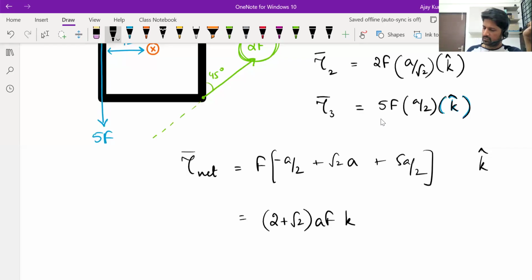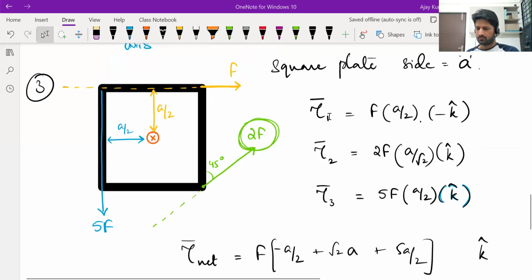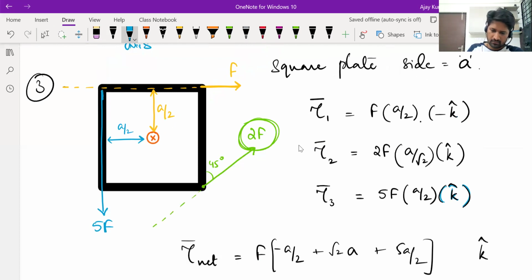AF K cap. Vanilla, what mistake did you make? Sir, I forgot to write root 2. Okay, fine. Rishi, why were you not able to calculate torque? Sir, I got confused in the second one. The first one I was able to solve.